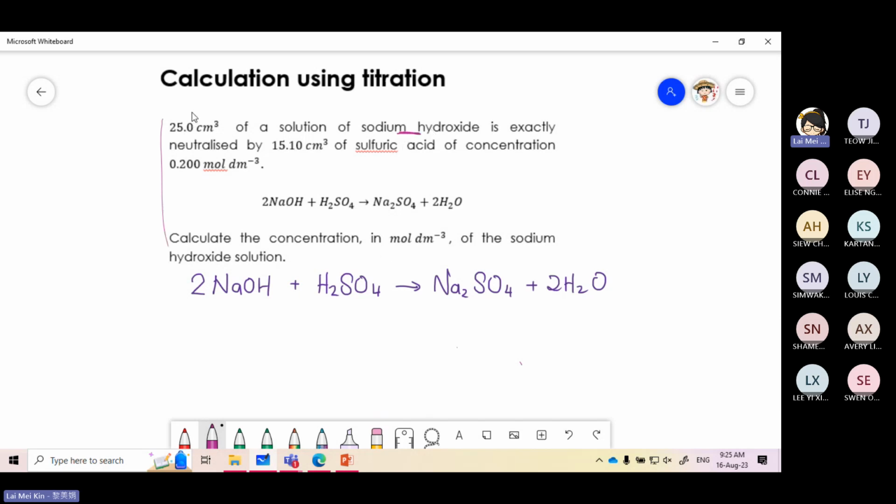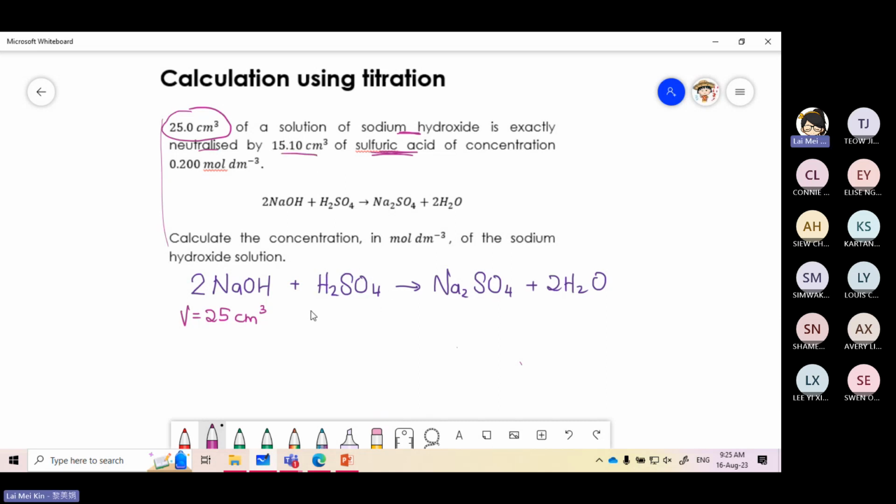I have sodium hydroxide, 25 centimeter cube. So this is sodium hydroxide, volume is 25 centimeter cube. It's exactly neutralized by sulfuric acid. So this is sulfuric acid, H2SO4.